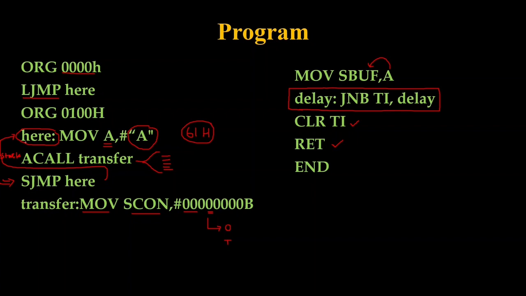So this is repeated again and again, so that it can print the value of A on your serial port using the serial communication protocol. You can display the value of A and see the output character A. You can use your ASCII values, as well as the alphabet value using quotation marks, so we can move it inside your program.